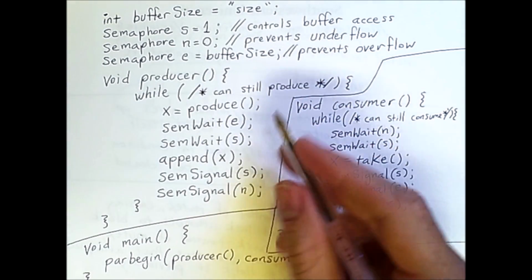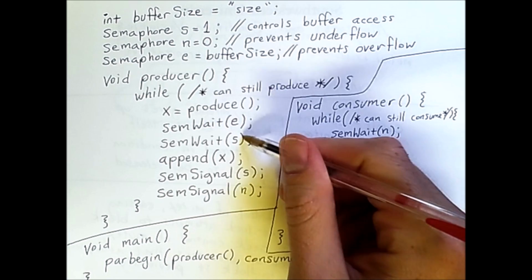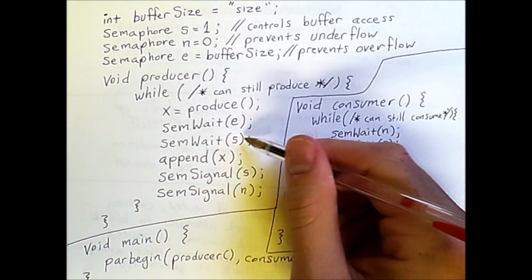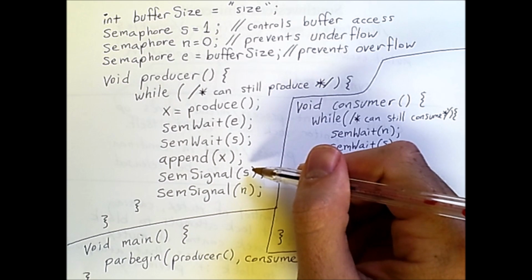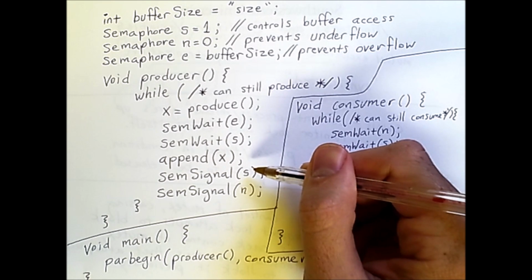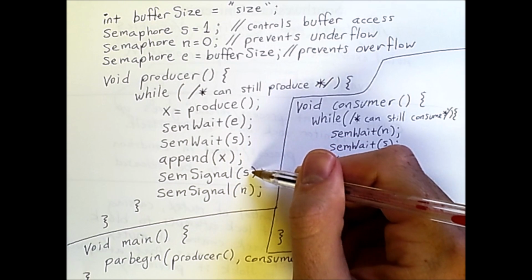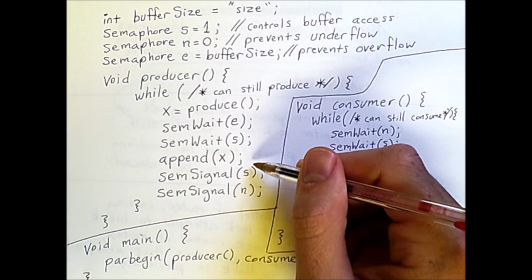In fact, these calls to the semaphore S, both the wait and the signal here, could easily be replaced by a mutex lock. The wait is essentially a lock command, and the signal here is essentially an unlock.